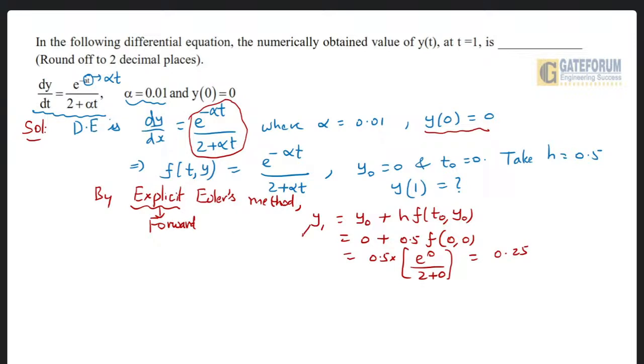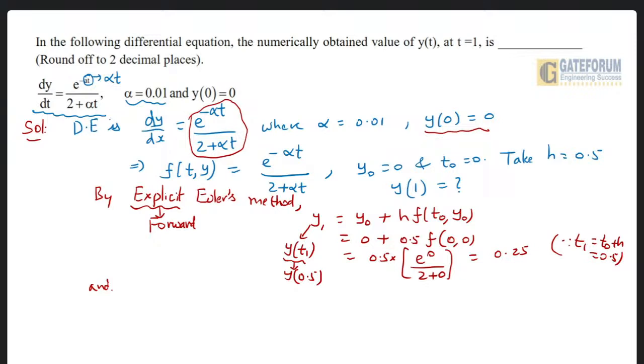What is t1? t1 is equal to t0 plus h, which is 0.5, just like x1 in the usual notation. So by this first iteration, we got y(0.5) = 0.25. But we have to find the value of y at t = 1, so one more step, one more iteration, one more approximation of the solution.